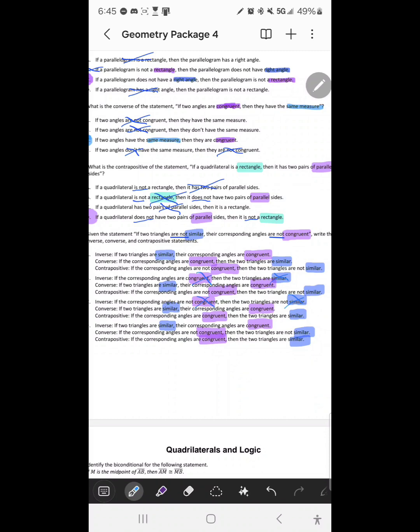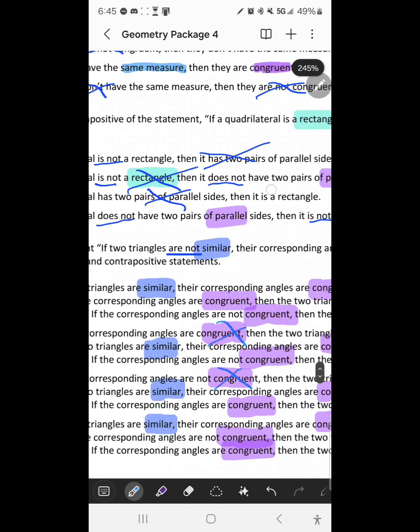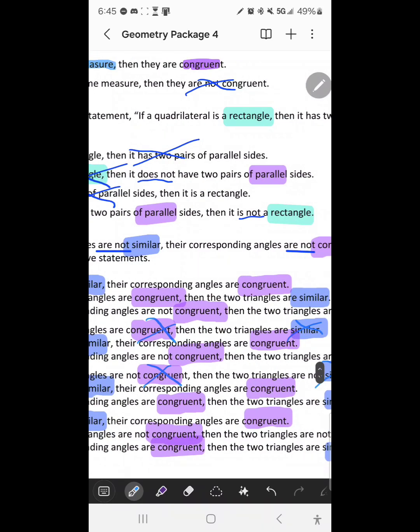Now let's start. The inverse is the same order, but we are denying what the statement says, what the condition says. Now we're starting with a not. We're not going to say not twice; that sounds funny. For denying that, we're just going to take away the not.